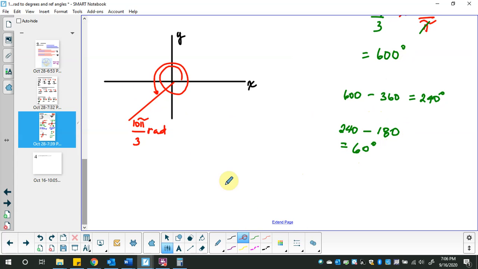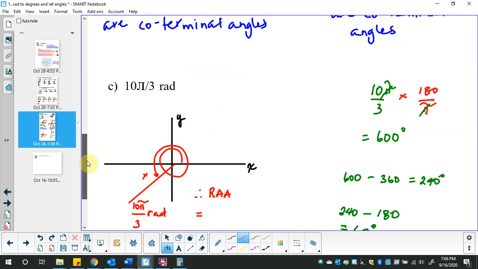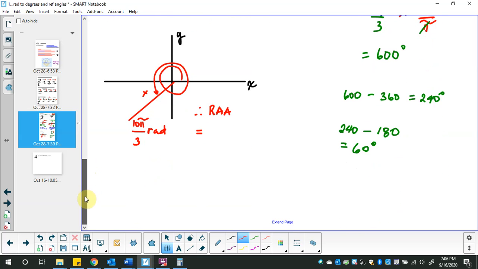And if you write down that your RAA is 60 degrees, I don't give you full marks, because this question was given to you in radians, so I need your answer in radians. So you have to go over to the side somewhere, or in your head, and you have to take 60 degrees and convert in the opposite direction.